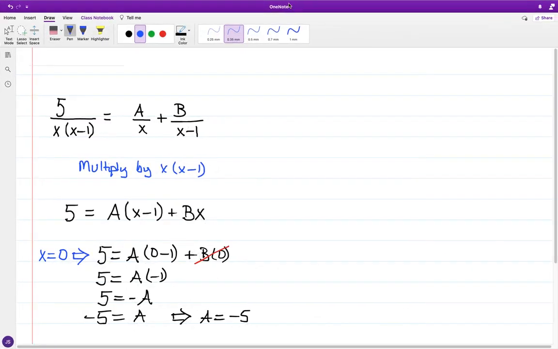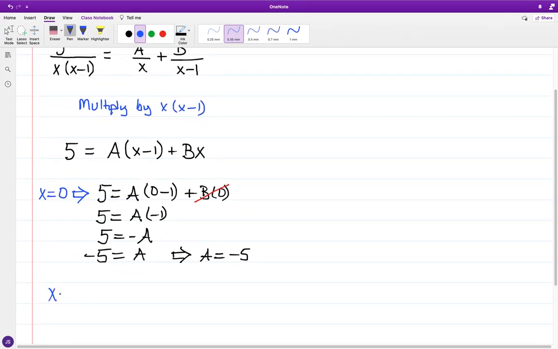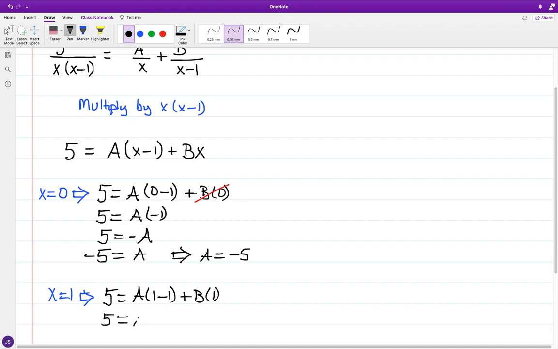So setting x to 1, we have 5 is equal to A times the quantity 1 minus 1 plus B times 1. And we're going to have that 5 is equal to A times 0 plus B.